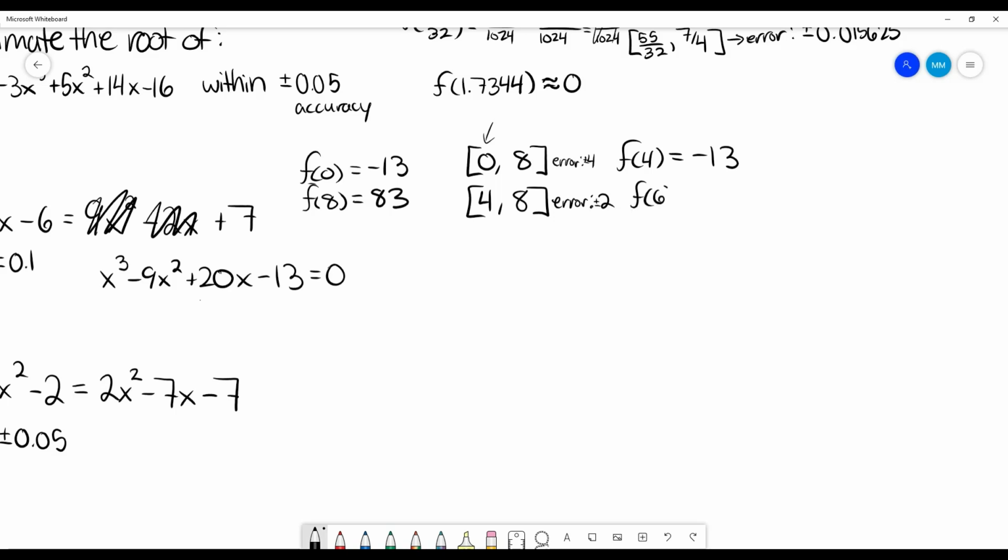So we're going to plug in f of 6. And that's going to be 6 cubed is 216, minus 9 times 36, plus 20 times 6, which is 120, minus 13.